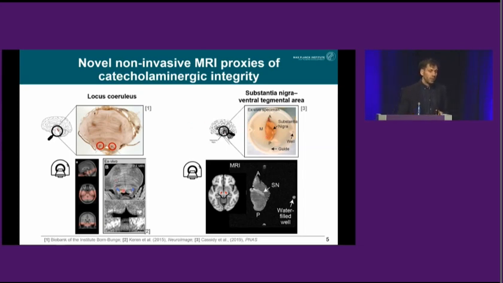So down here in the scan, you again spot the fourth ventricle, and bordering the ventricle to the left and right, you see these bright neurons or bright voxels corresponding to the locus coeruleus, and similarly here on the right-hand side, this brightness corresponding to the dopaminergic neurons. Crucially, post-mortem validations demonstrated that these brightness variations in the structural images correspond to the cell density or integrity in these neuromodulatory systems.